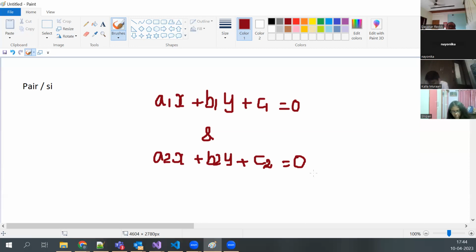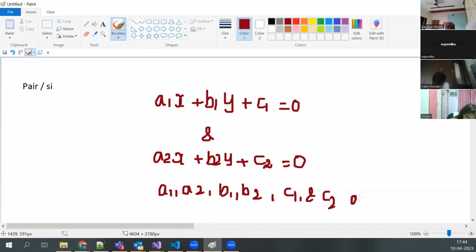You can write that where a1, a2, b1, b2, c1 and c2 are real numbers, and of course the coefficients should not be equal to 0. a1, b1, a2, b2 not equal to 0.